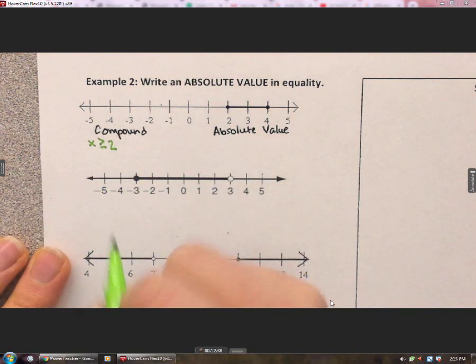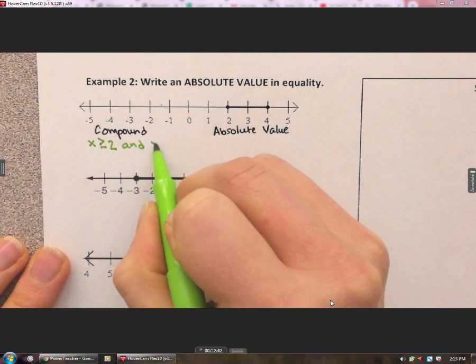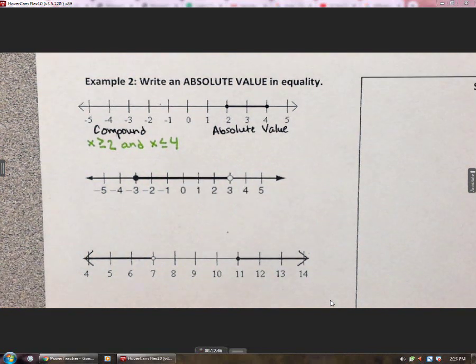Yep. X is greater than or equal to 2, and X is less than or equal to 4. That's yesterday. Compound inequalities. Two of them put together, like a compound word. Doghouse. Remember that? Coming back to you?